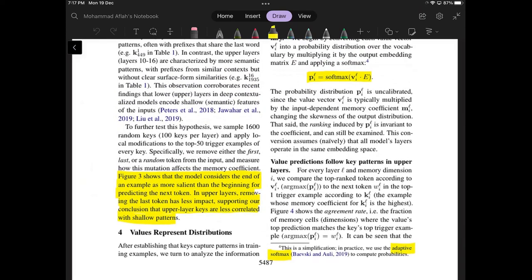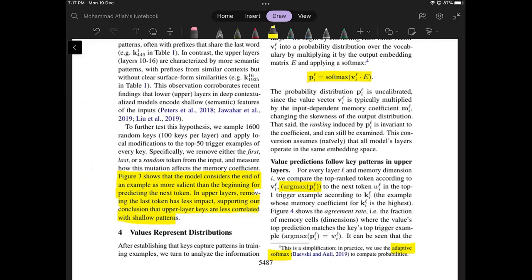So value predictions follow key patterns in upper layers. So what does this mean? For each layer l and memory dimension i, we compare the top rank token according to v_i^l. So you just take the argmax over the entire vocabulary to the next token w_i^l in the top one trigger example, according to k_i^l, the example whose memory coefficient for k_i^l is the highest.